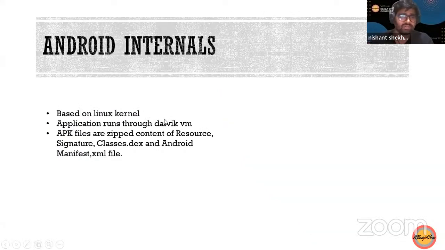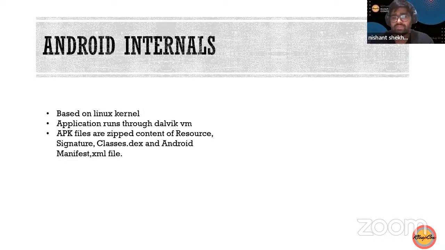So let's talk about Android internals. Basically, what internals means is what it is made of, how it progresses, and what it consists of. Android is made of a Linux kernel, and because it's Linux, it's open source, and that's why it's very useful as well as very vulnerable to malware attacks.